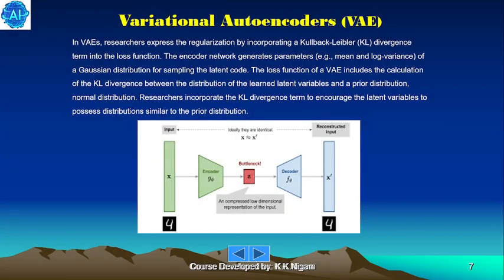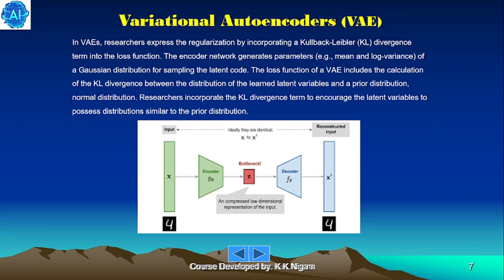In VAEs, researchers express the regularization by incorporating a Kullback-Leibler divergence term into the loss function. The encoder network generates parameters, that is the mean and log variance of a Gaussian distribution, for sampling the latent code.